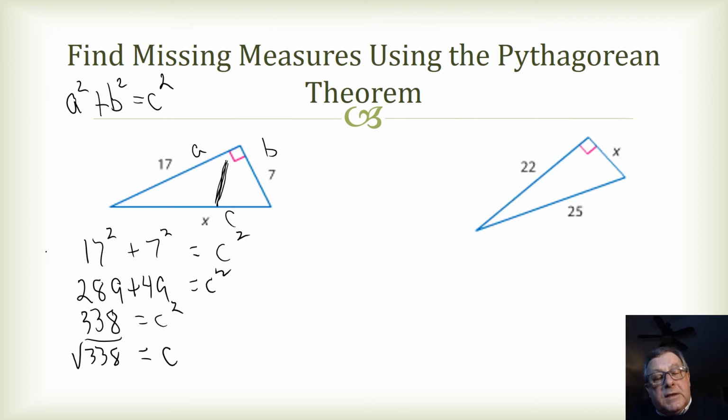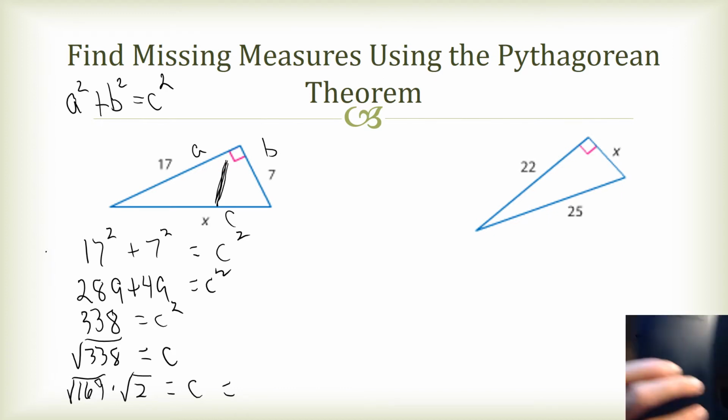So then this is equal to the square root of, what's 13 squared? 169 times the square root of 2 equals c, which then equals, let's just double check, 169 times 2, 8 carry 1, 12 plus 1 is 3, carry 1, yeah.